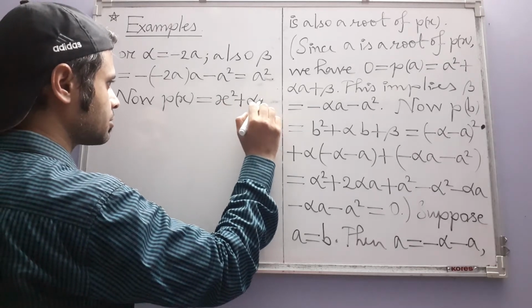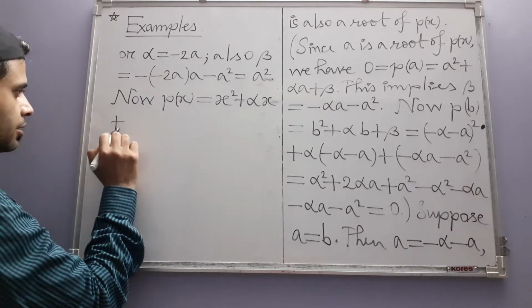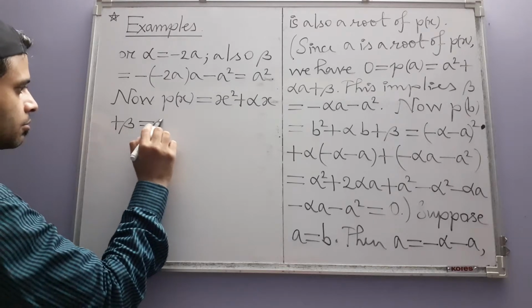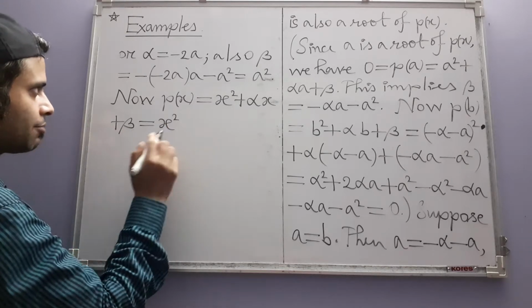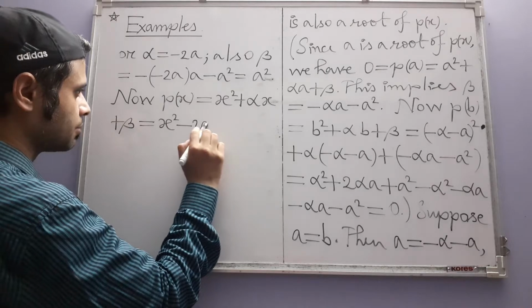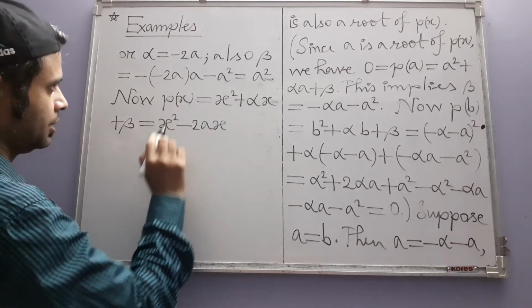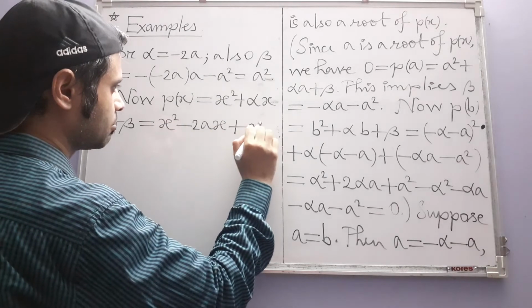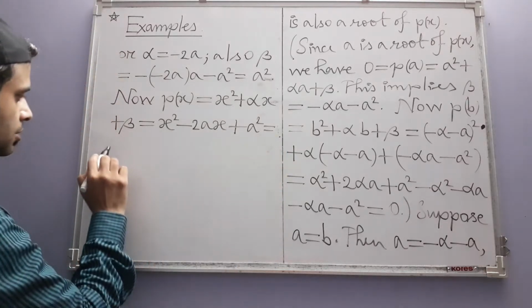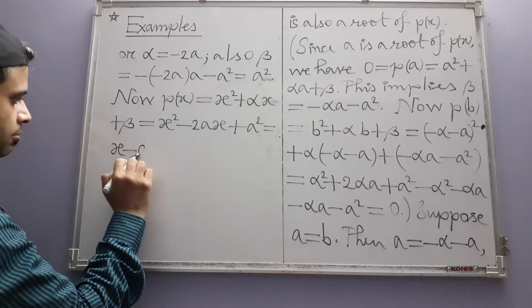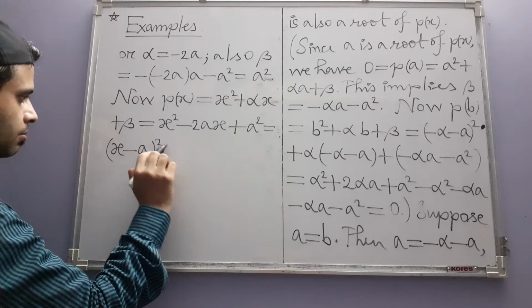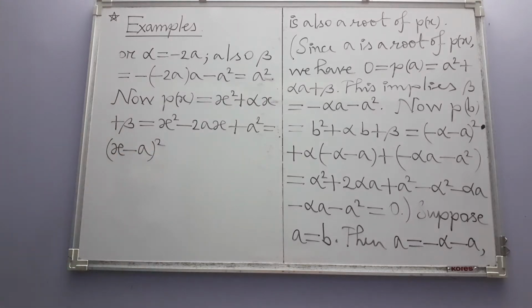X squared plus alpha x plus beta. So alpha is minus 2A, that means minus 2ax, and beta is A squared. So this is equal to x minus A whole square.